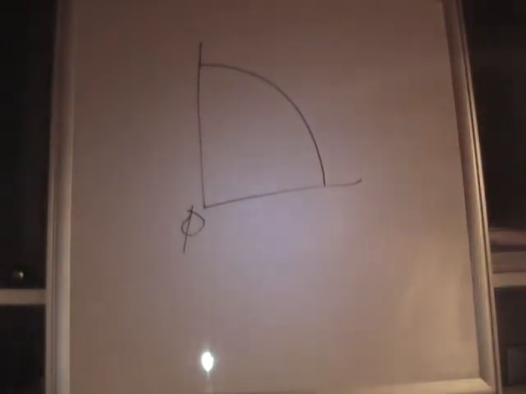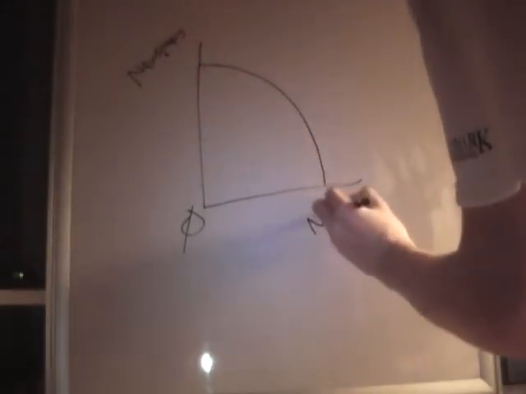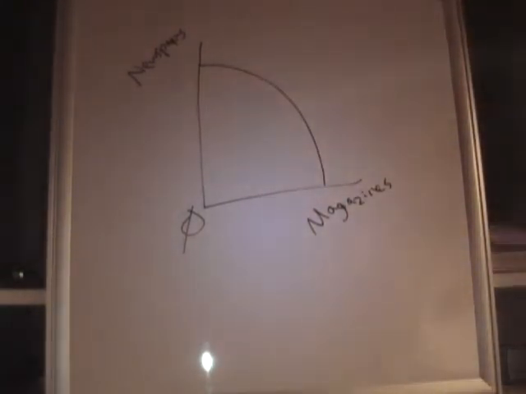And let's go with a different example for this. Let's say newspapers and magazines. And we're going to pretend for this scenario that newspapers are all black and white.